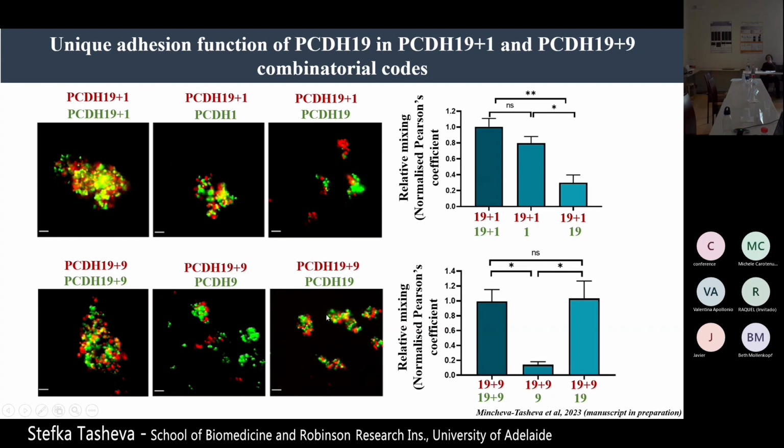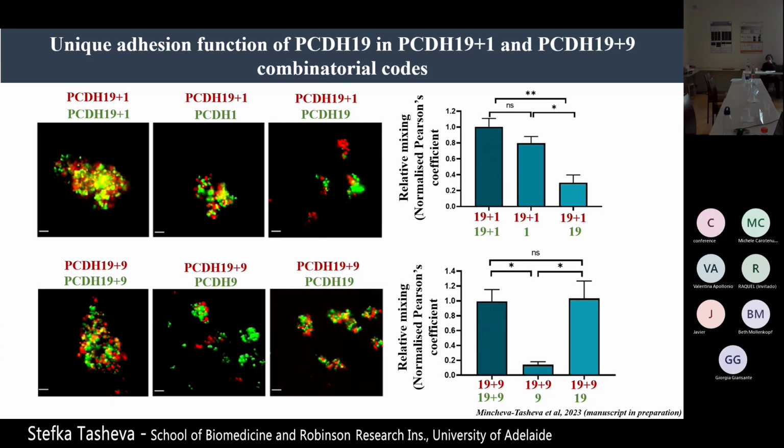In this particular situation, when we have cells expressing the complete code with a cell expressing PCDH9, we have missing PCDH19, and that's actually a scenario that we have observed in the brain of a heterozygous PCDH19 mouse model, probably in humans as well. We still don't know exactly.